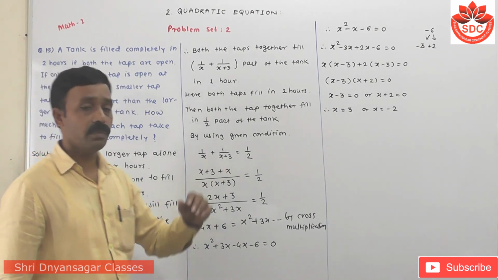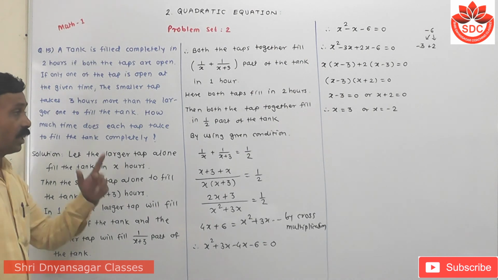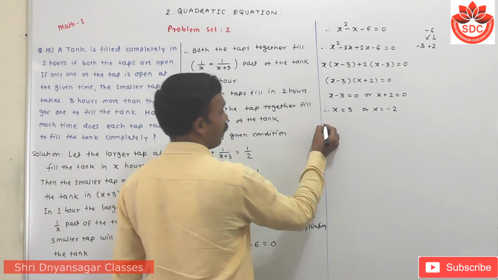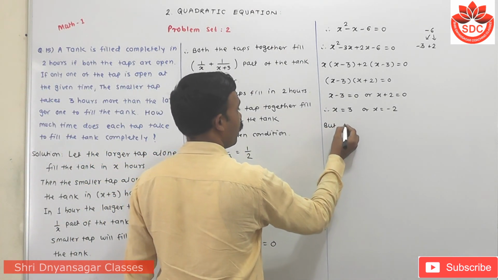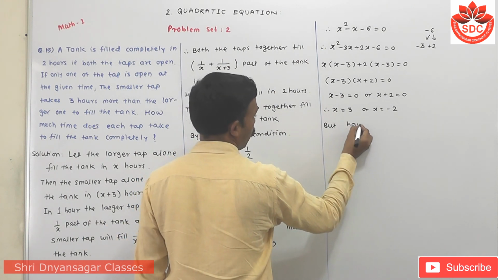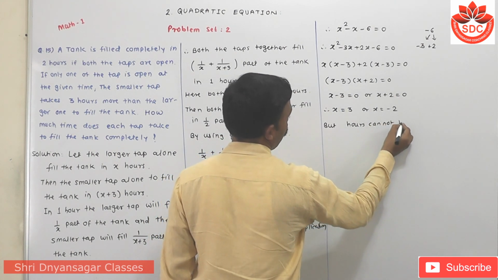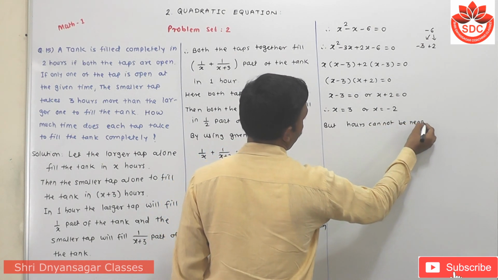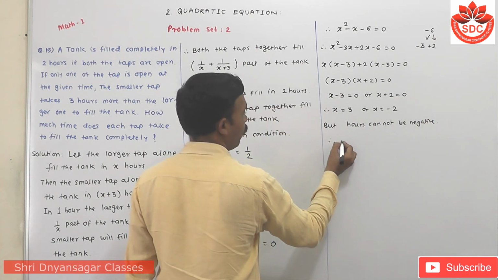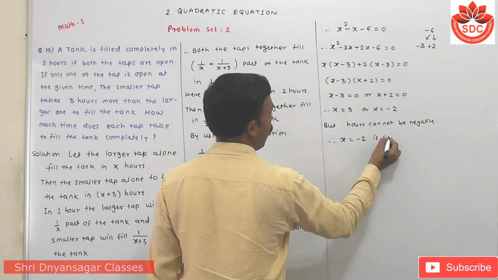But x equal to minus 2 is unacceptable because hours cannot be negative.